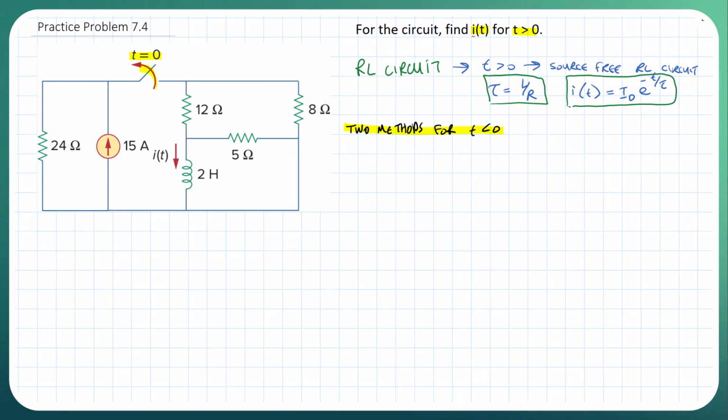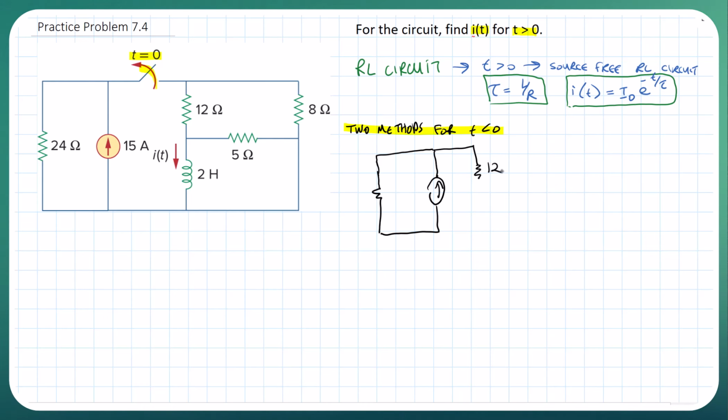For t less than 0, our circuit's going to be, so that means this is connected here. So I'm going to draw this. The circuit's going to be this. We have the resistor. We have our current source. And then we have our 12 ohm resistor.